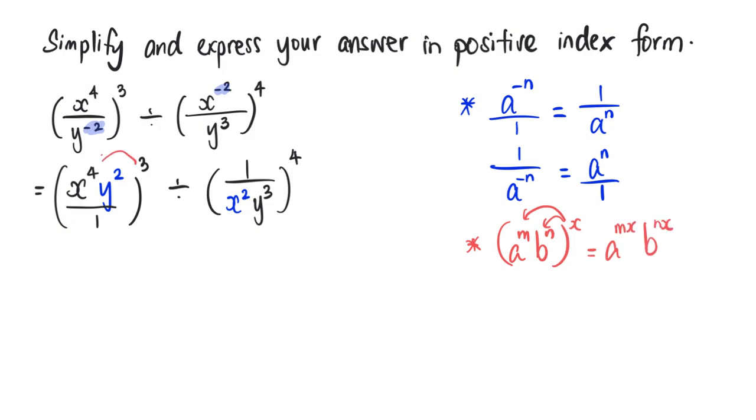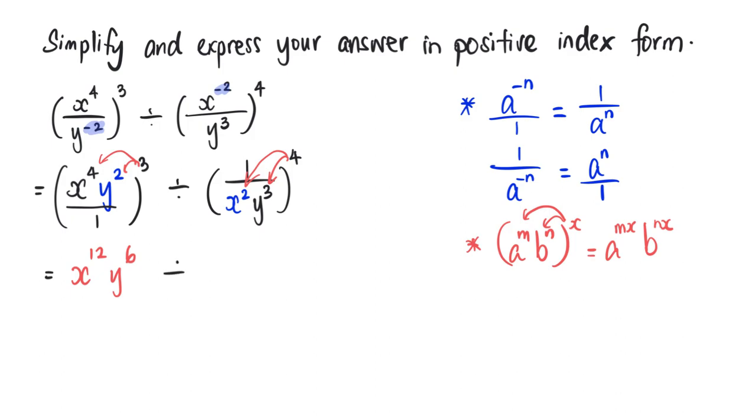Okay, so that's what we are going to do to the power, so that you will see this as x to the power of 4 times 3 is 12, 2 times 3 is 6.